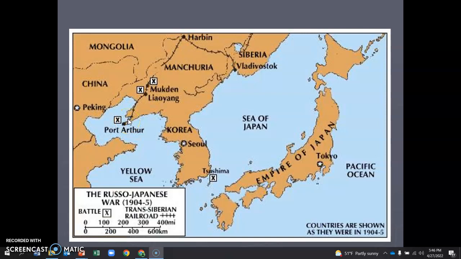And Russia also has an interest in this warm water port, and Russia has also been moving into areas of Korea. Japan will initiate the Russo-Japanese War largely because of trying to remove Russia as a presence over land that Japan sees it has an interest in.